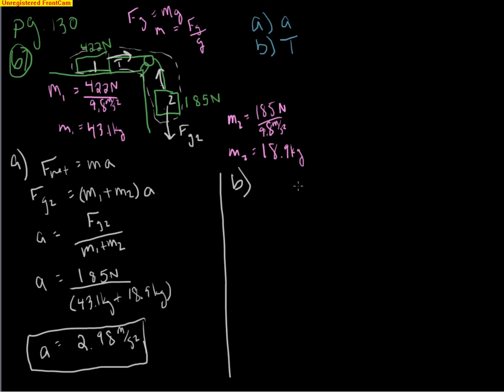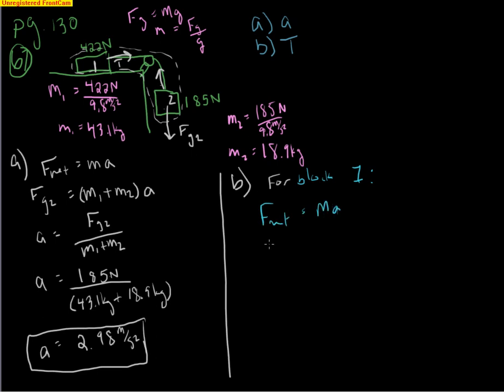So if we looked at block 1, that's actually maybe a little easier. Let's make a new color. Okay, so for block 1, I thought I made a new color. There we go. F net equals MA.